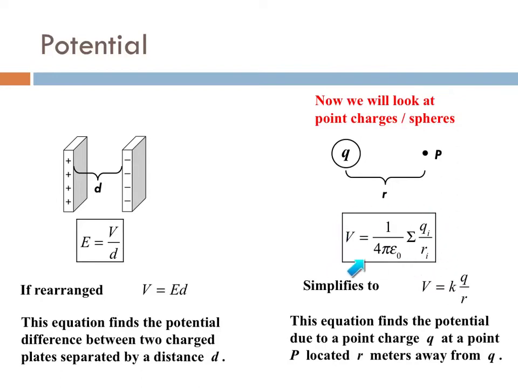Again, this equation for 1 point charge just simplifies down to V equals K times Q over R, where V is potential, K is our constant, which is 9 times 10 to the 9th, Q is charge, and R is distance.